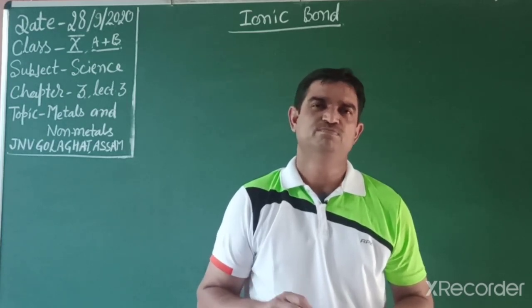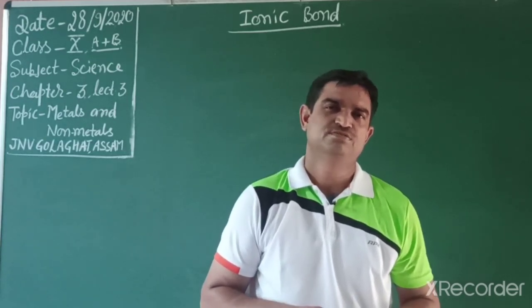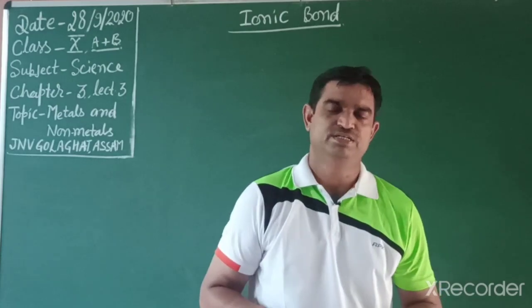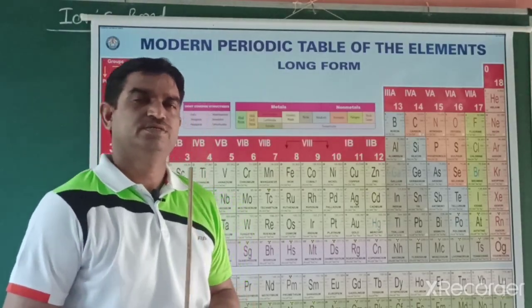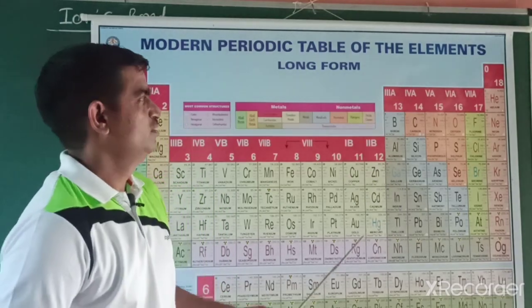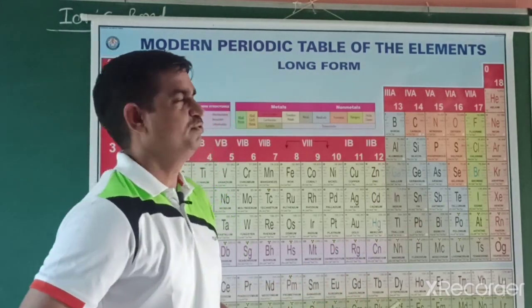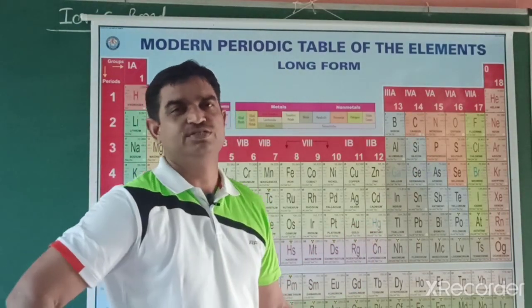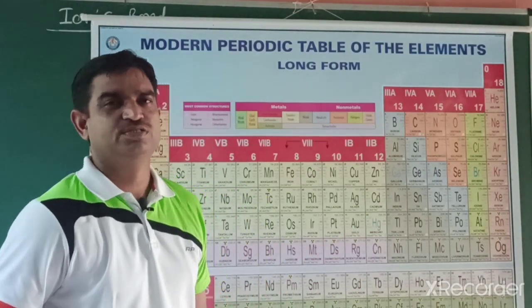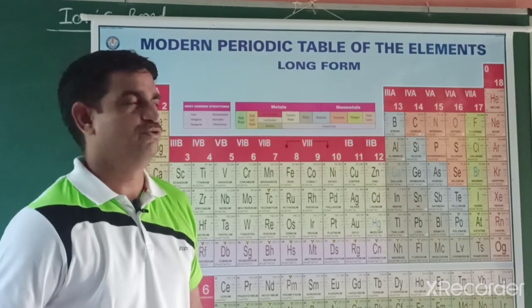Now I am showing you the periodic table of the elements. Students, in the periodic table we can observe group number 18. Earlier this group was known as group 0 because its valence is 0.